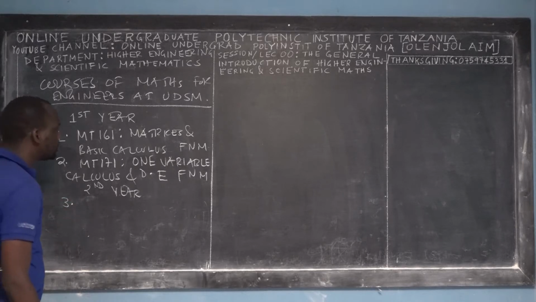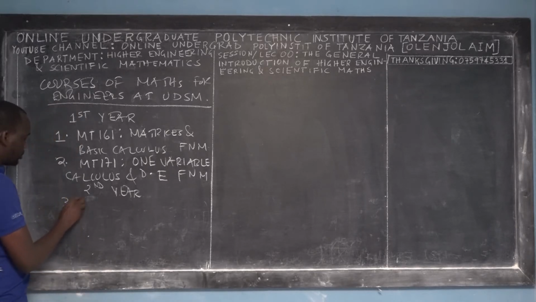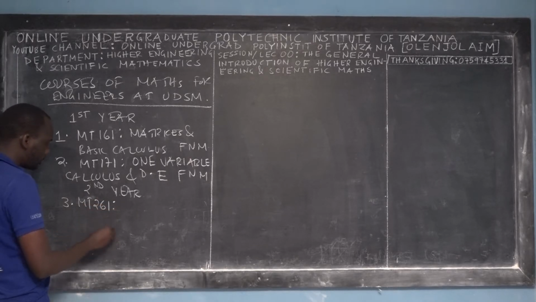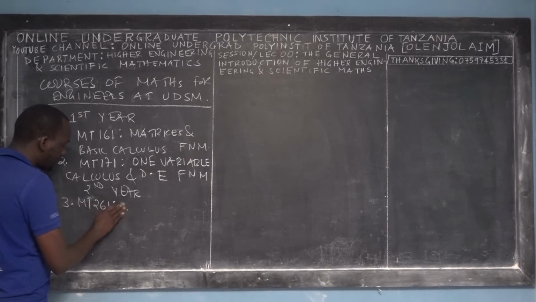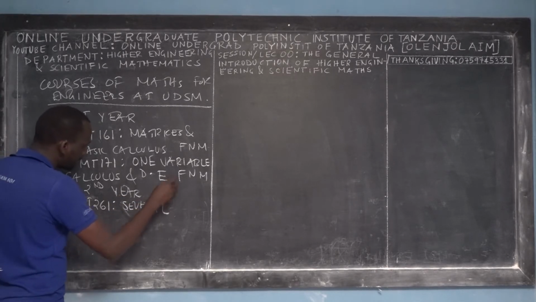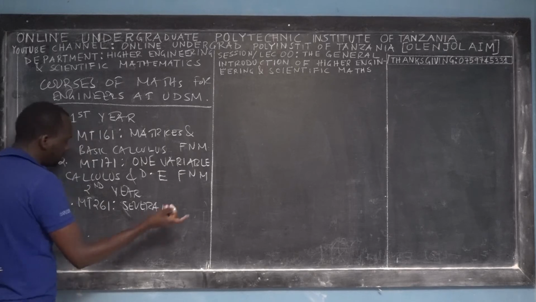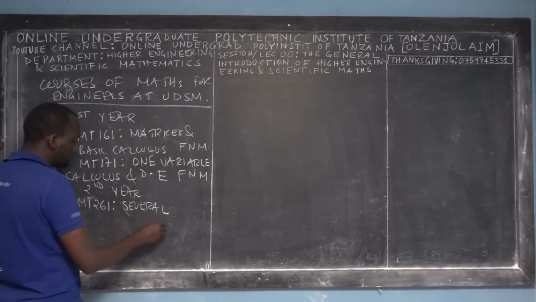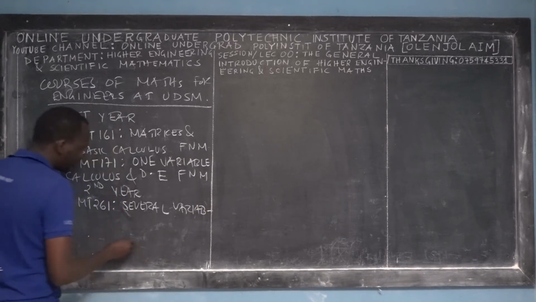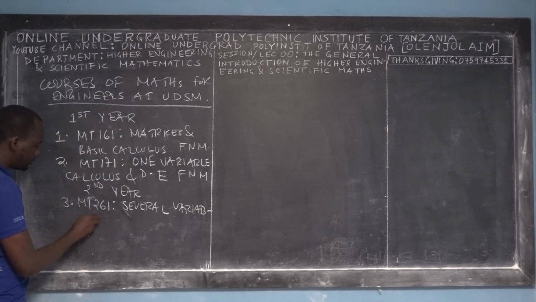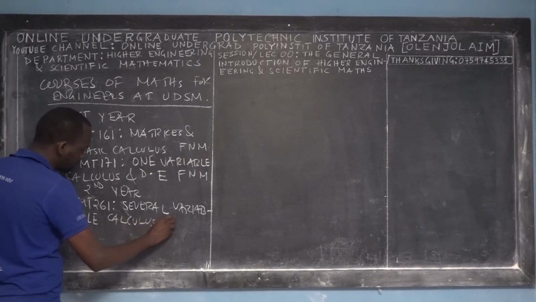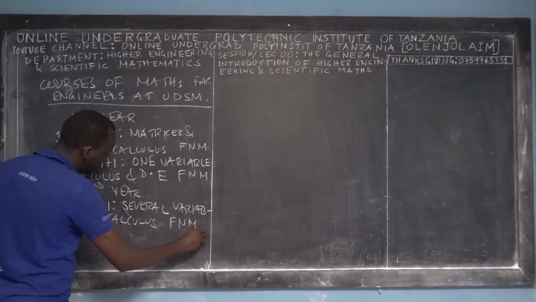For the second year students at University of Dar es Salaam, there are 3 modules. The first one is called several variables, MT 261. These are long terms, I'm just abbreviating because of the space on the blackboard. Several variables calculus, which I'm going to teach you, for non-measure.